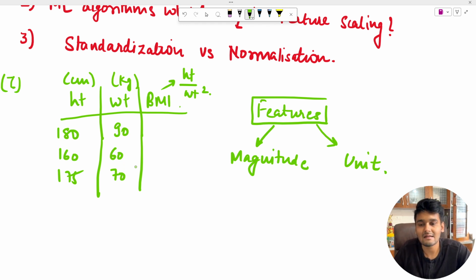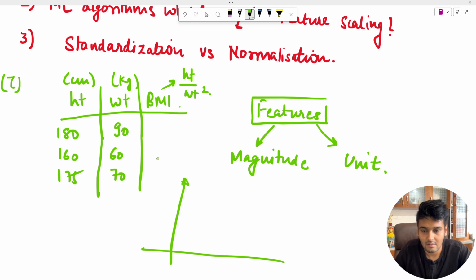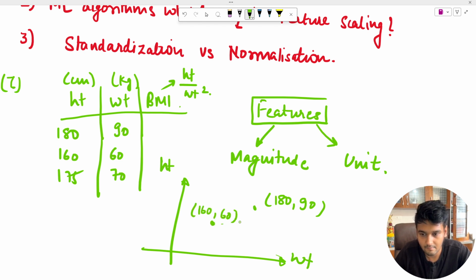Now you can understand that if you are gonna plot these variables where height is on the y-axis and weight is on the x-axis, you'll have 180 cross 90 somewhere here, there will be 160 cross 60 and there will be 175 cross 75, right?